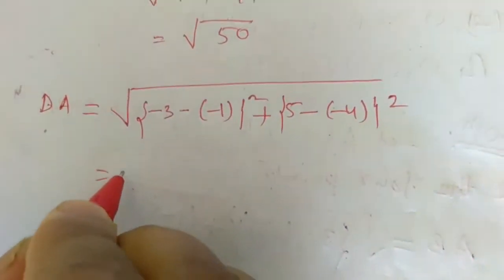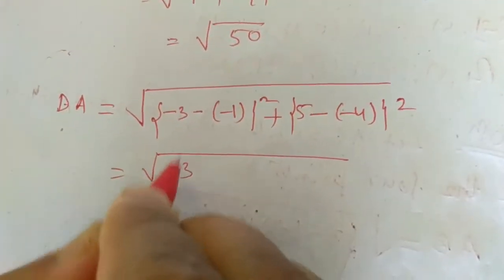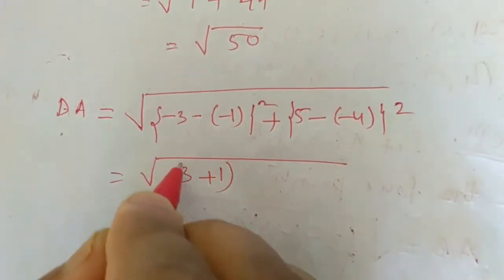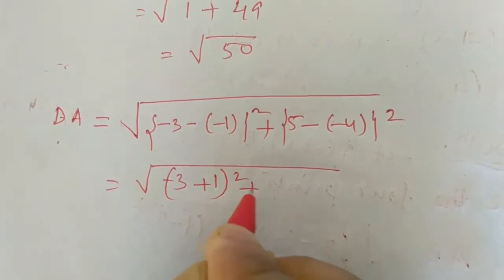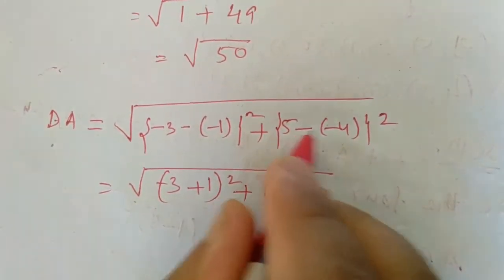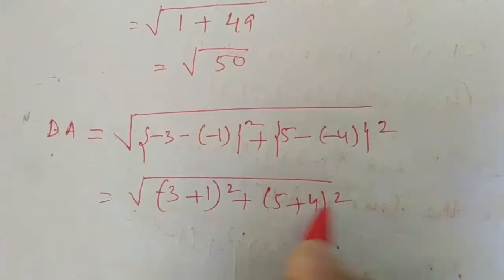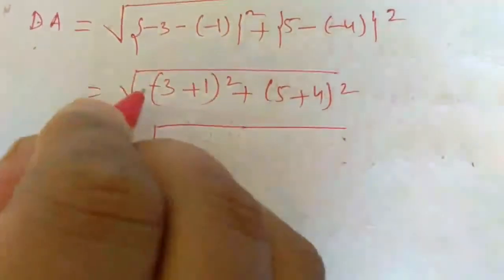Okay, minus 3 minus into minus plus 1 whole square plus 5 minus into minus plus 4 whole square, root over.